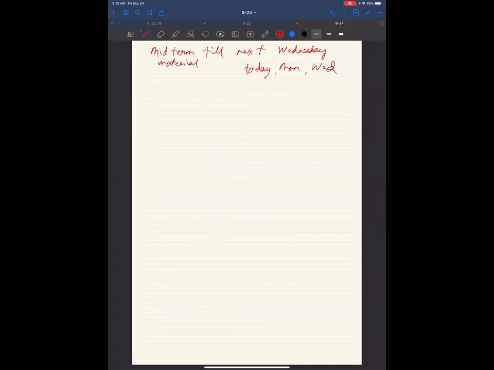The material on Friday will not be in the midterm. Which means the second law of thermodynamics will be a part of the midterm, because that's what we will start with next time. We will start just with a little bit of second law of thermodynamics. The midterm primarily will have questions related to first law of thermodynamics. I will probably have one easy question about second law. Mostly it will be first law.